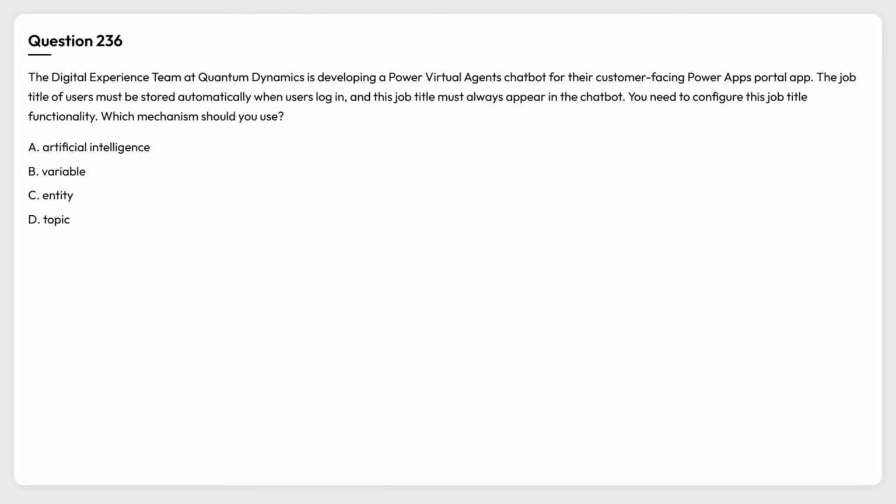You need to configure this job title functionality. Which mechanism should you use? Option A, artificial intelligence. Option B, variable. Option C, entity. Option D, topic. The correct answer is option B, variable.